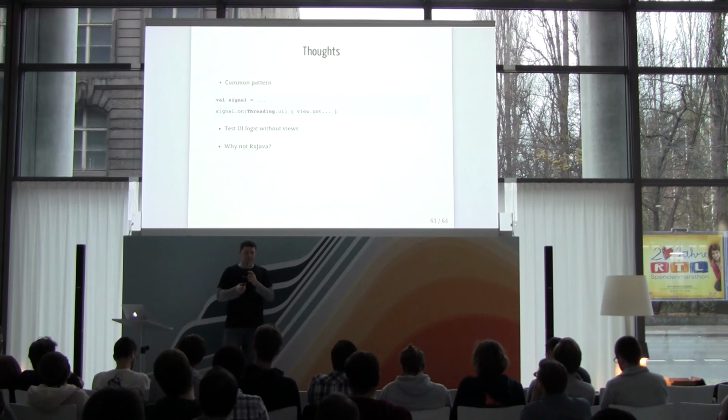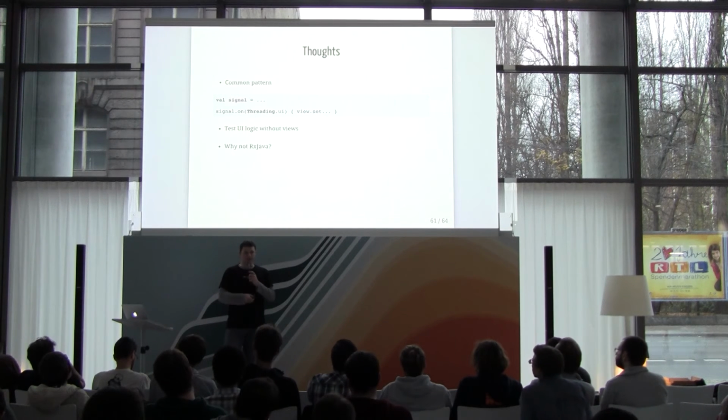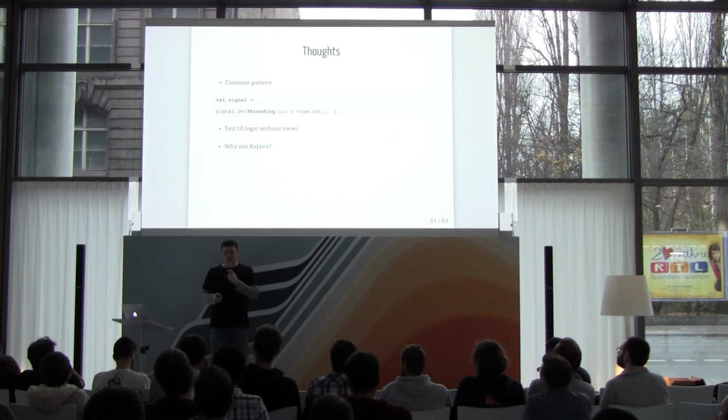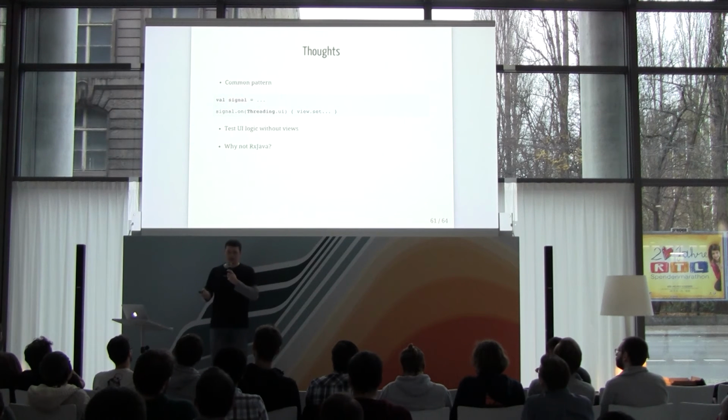Like RxJava, at first, the API is cumbersome. Second is that it cares about too many things. Like RxJava has error handling inside. It's like exception handling, and we don't really like exceptions in Scala. I don't like error handling in RxJava.